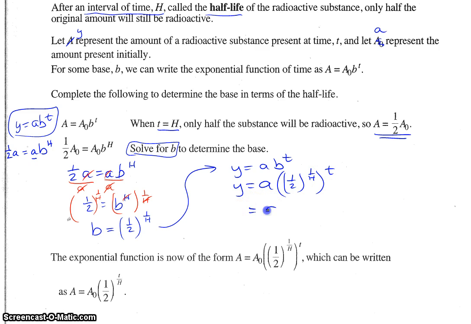If we simplify that a little bit, we have an exponent of exponents, so we can multiply those exponents. 1 over h times t over 1 is t over h. So that is a formula describing half-life, where h is the amount of time for half of the substance to decay. And look at our new base. It seems to be 1/2.